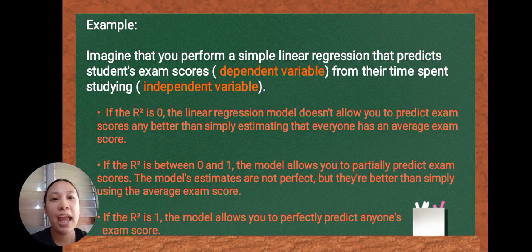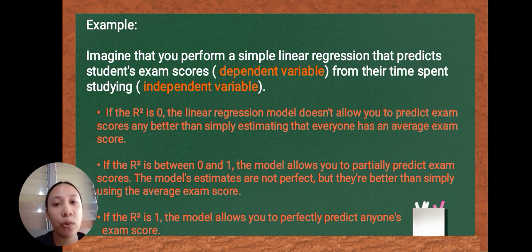Example. Imagine that you perform a simple linear regression that predicts students' exam scores, the dependent variable, from their time spent studying, the independent variable. If the R squared is 0, the linear regression model doesn't allow you to predict exam scores any better than simply estimating that everyone has an average exam score.